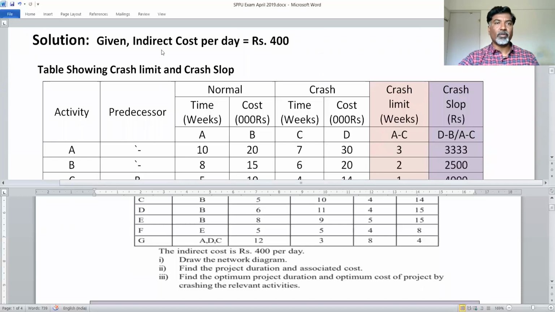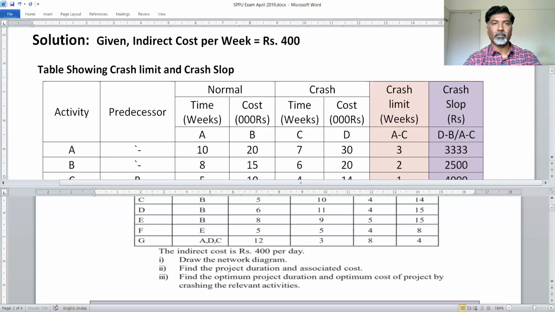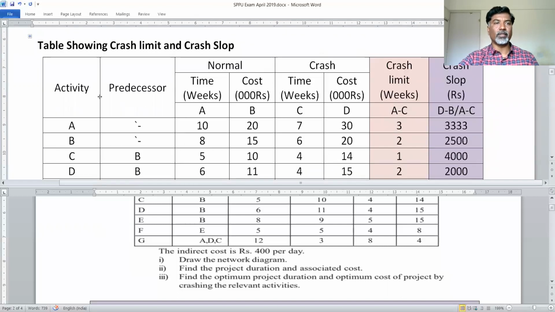In this example, they have given that the indirect cost per week is rupees 400. Also, they have given the activities, predecessors, normal time and crash time.